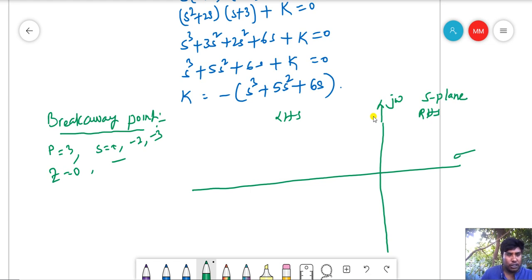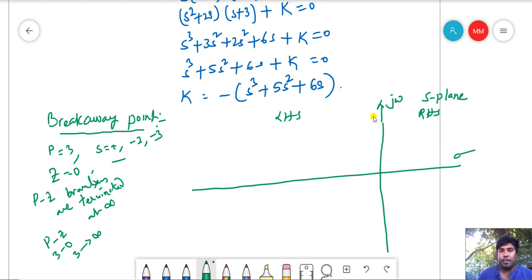From the root locus concept, P minus Z branches terminate at infinity. That is 3 minus 0, so 3 branches will terminate at infinity.